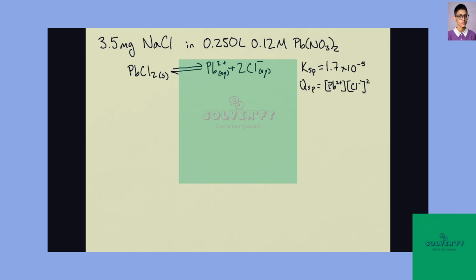We want to remember that if the Qsp equals the Ksp, then we have a saturated solution without a precipitate.